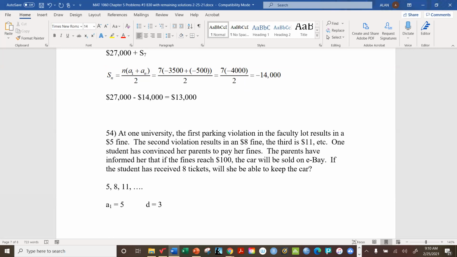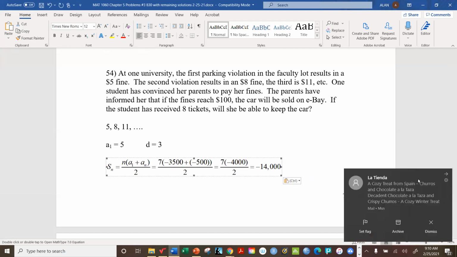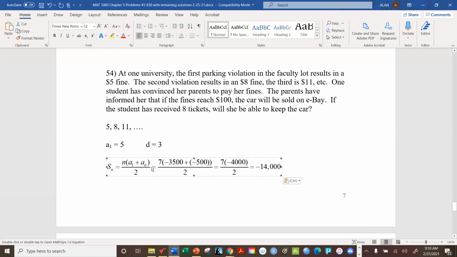Now, this unfortunate student has received 8 tickets. So the question is whether or not she's going to get to keep the car. So basically what it's saying is, what is the sum of the first 8 fines, or the first 8 terms in the sequence? All right, so that means before we do anything else, because this formula requires us to know An, we have to first figure out the 8th fine.